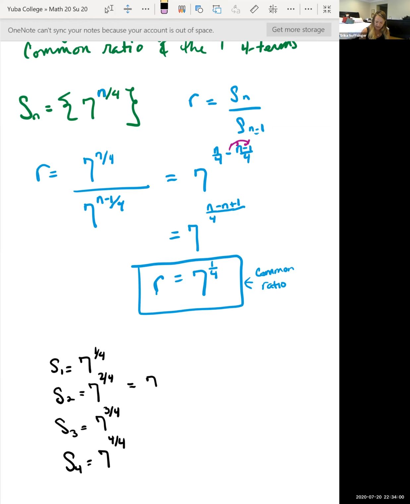So this is 7 to the 1/2, 7 to the 3/4 doesn't reduce, but 7 to the 4 over 4 does reduce. Sometimes it's not helpful to reduce these because then you don't see the pattern, and if you were going backwards, it would be hard to do that.